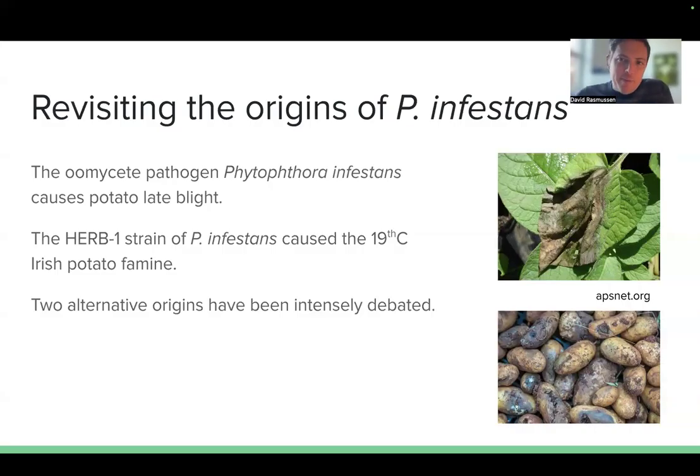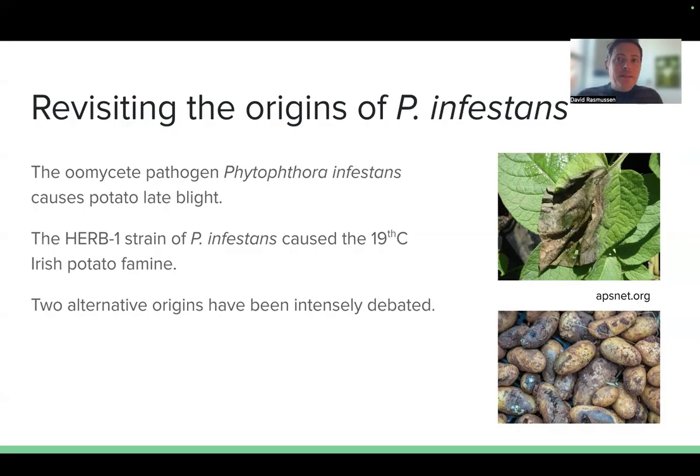And it's, of course, most famous because it caused this huge epidemic in Ireland and throughout the British Isles, and actually in the rest of Europe and North America as well, but mainly concentrated in Ireland, where the entire potato crop was wiped out for multiple years and caused this immense famine.